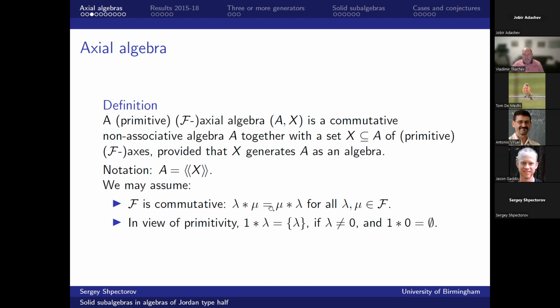We may assume that the fusion law is symmetric because the algebra is commutative, and because of primitivity, we can also assume that 1 star lambda is just lambda, because a one eigenvector is just a multiple of the axis itself, and so you can immediately see that nothing else will appear apart from lambda eigenvectors again. And we can also assume that 1 star 0, if you have 0, can be taken to be the empty set.